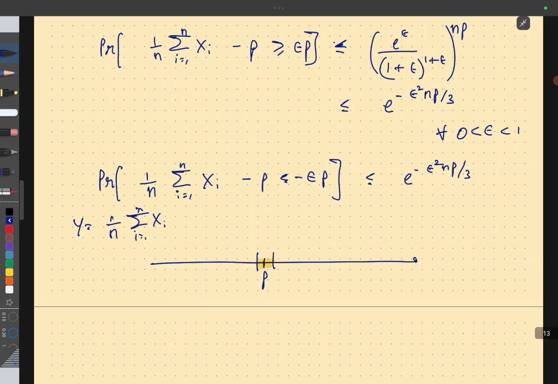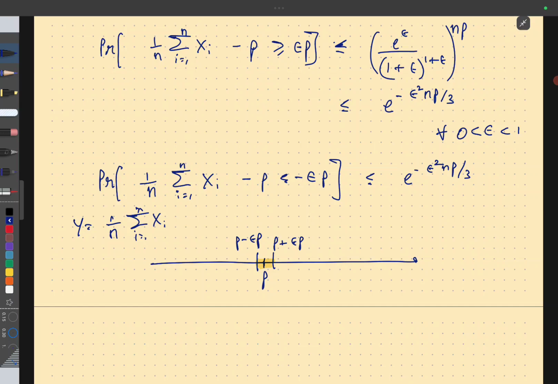And what you may be more familiar with, and what, for example, the Chebyshev inequality asks, is what is the probability that it deviates from p by an amount epsilon, on either side. So this would be p plus epsilon times p, and this quantity is p minus epsilon times p. Correct?